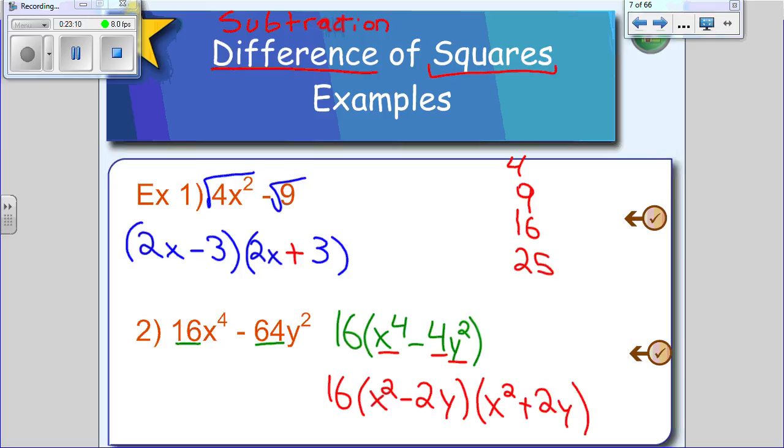No, that's a good question. So what I have seen a lot of people do is they'll go 16x squared minus 2y and then 16x squared plus 2y. Remember with multiplication, order doesn't really matter on things. So it's not like it's 16 times 2 binomials here. It's just 16, and then this binomial turns into 2 binomials. We don't need to add another 16.